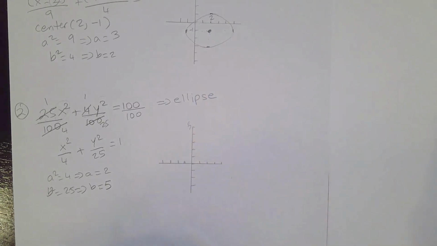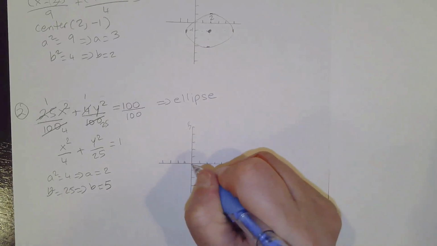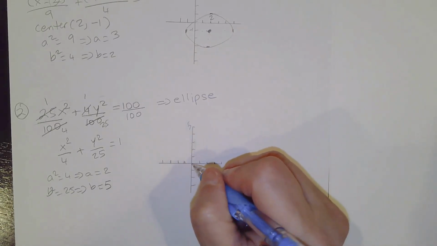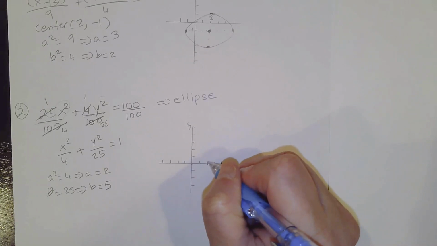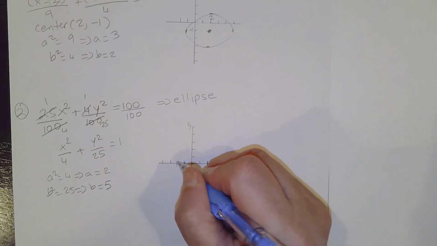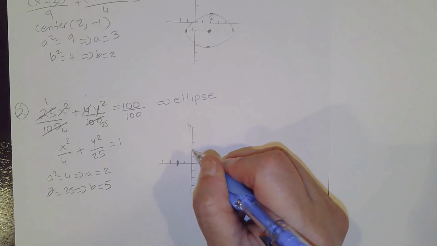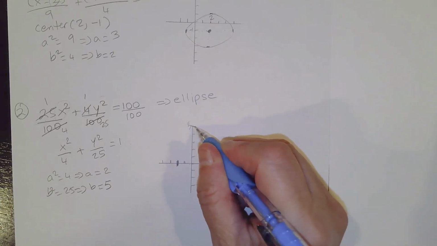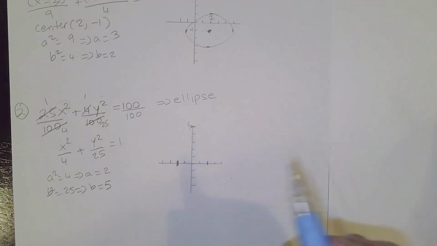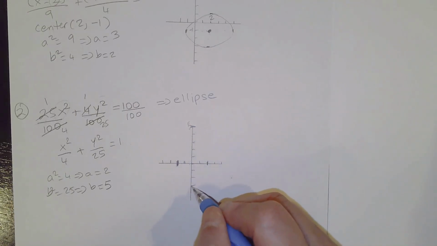So first, we need to go to the center. The center is the origin, so that's good. We go to the right 2 and the left 2 from the center. And then from the center, we go up 5, b. 1, 2, 3, 4, 5. So this is one of the major vertices. And then we have to go down 5 as well.